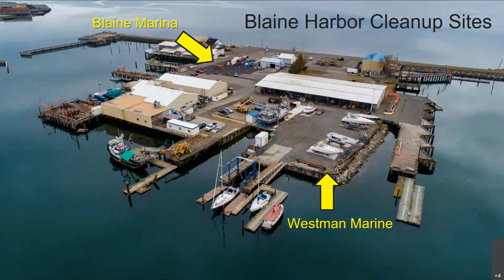Westman Marine occupies the southeast corner of this built-up area, most of that site. You'll see right there in the center a slip. This is a small marine shipyard and boatyard, and there's what's called a marine railway in that slip. There's actually a railway system with a big winch and a platform.